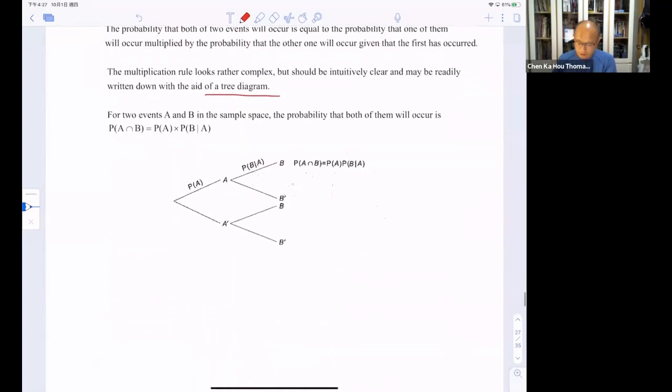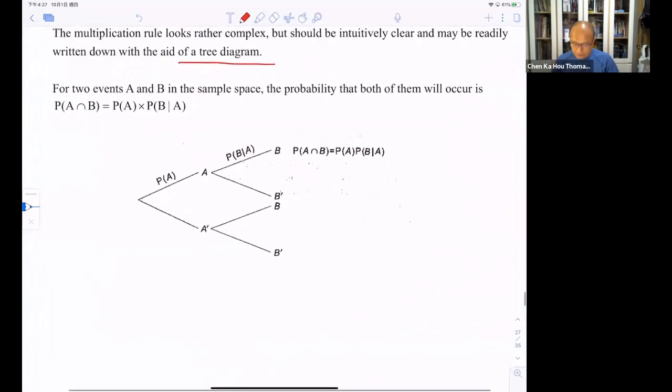Now listen very carefully. If there are two events in the sample space, the probability that both of them occur can be calculated by this. First, this is P(A). Next is P(not A). So this path is P(not A).